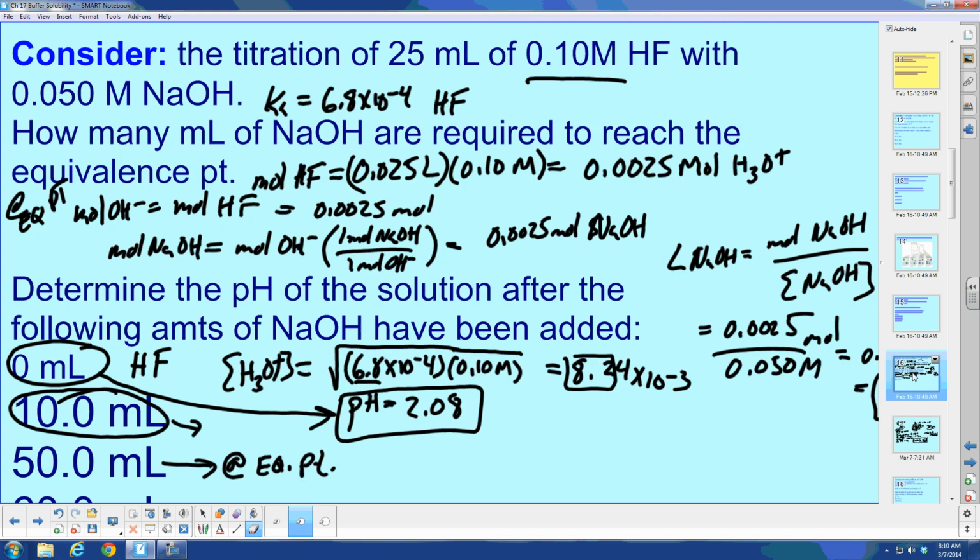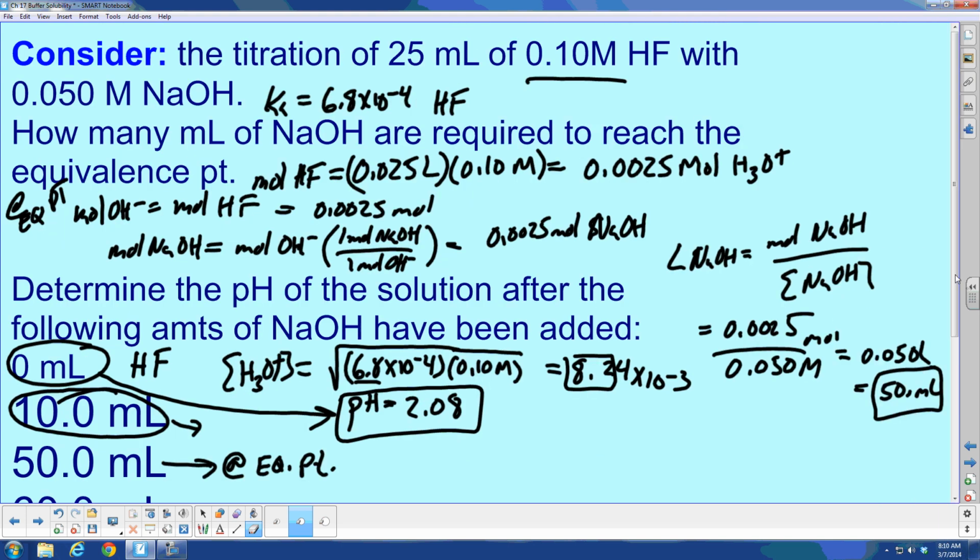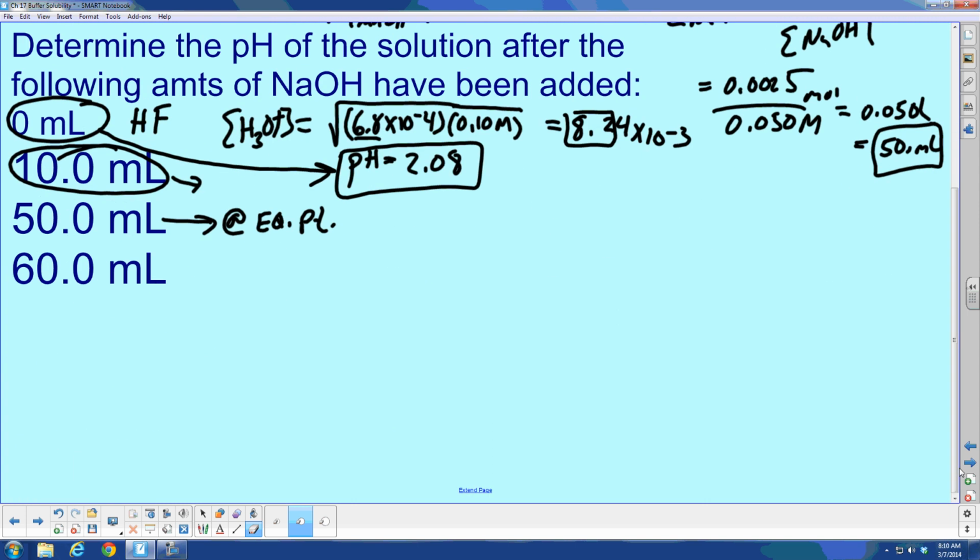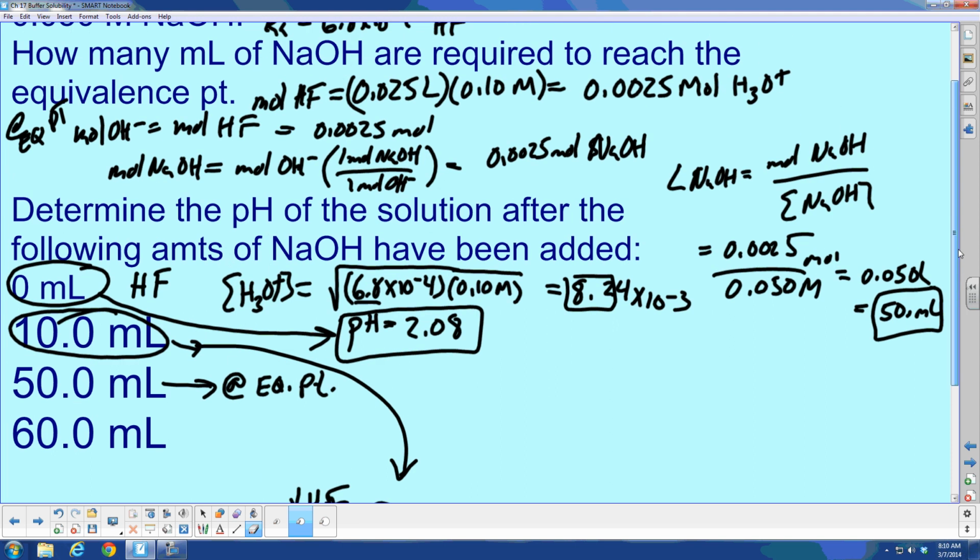All right, we have 10 milliliters. So we're going to work this right here. I have 10 milliliters of hydroxide added. So we want to get the moles of HF remaining, which is going to be my original moles. What were my original moles?